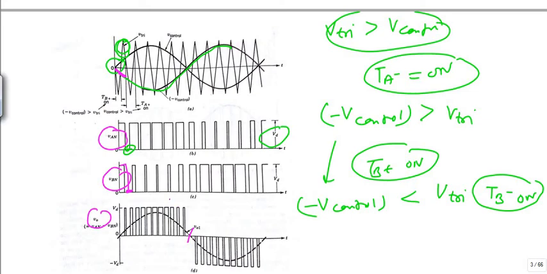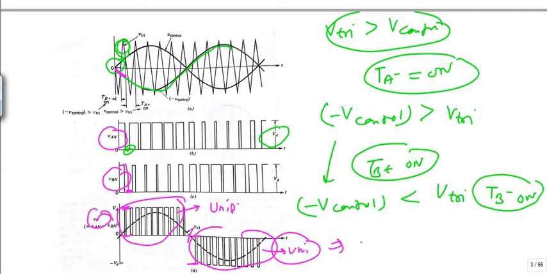So when switching occurs, the output voltage V naught changes between 0 and Vd or between 0 and minus Vd. So because of this switching, for the first half cycle it is unipolar, for the second it is again unipolar. So this switching is called unipolar voltage switching.